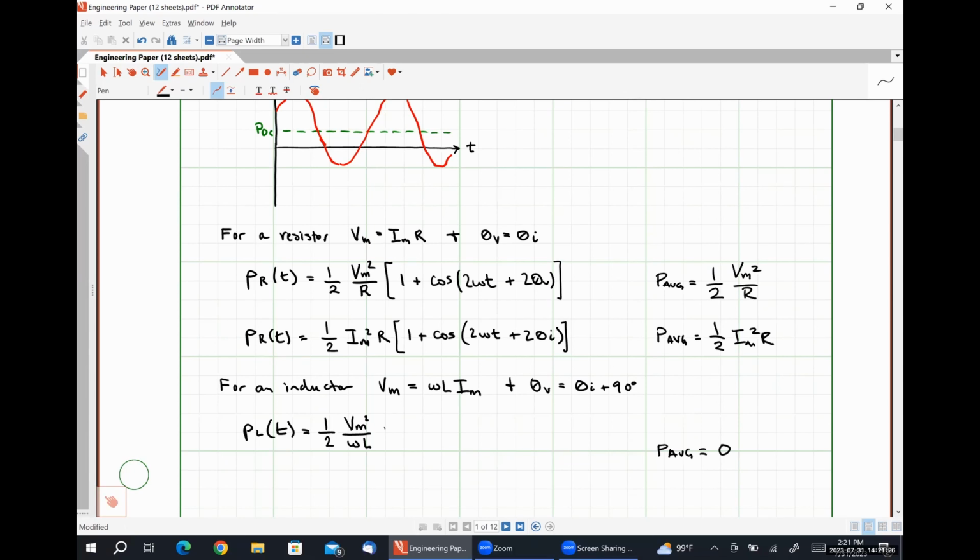So we're only going to have an AC portion. So this is going to look like twice omega T plus twice theta V minus 90 degrees.